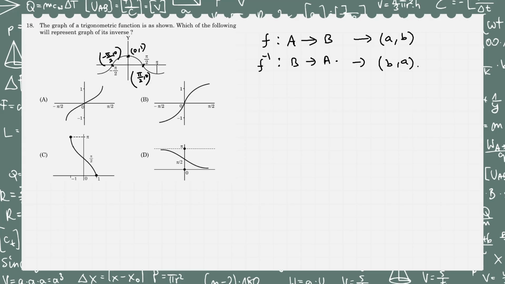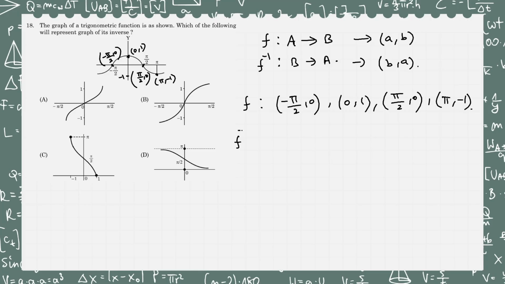And look at the next point. X is pi and the y value is exactly at the same distance as this point, so you can consider it minus 1 on the y-axis. So you can consider this point like pi comma negative 1. These are the 4 points we have for the function f's graph: minus pi by 2, 0 and 0, 1 and pi by 2, 0 and pi, negative 1.